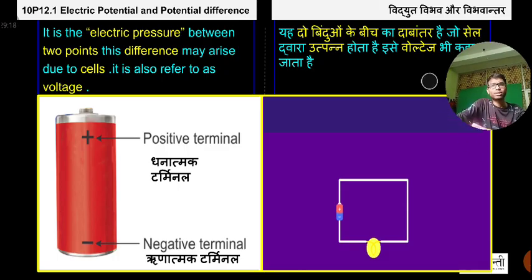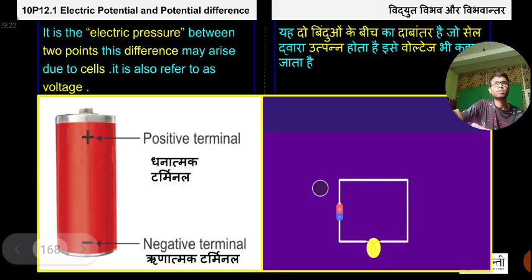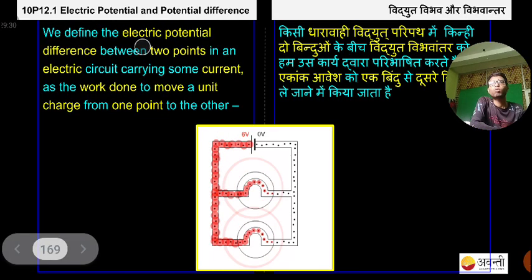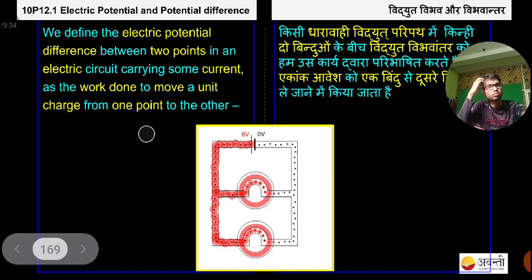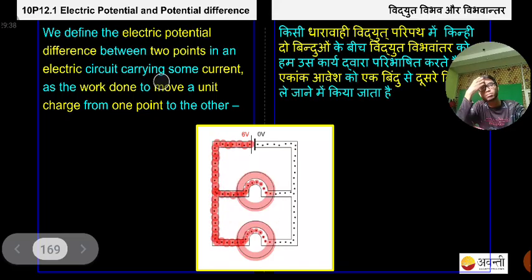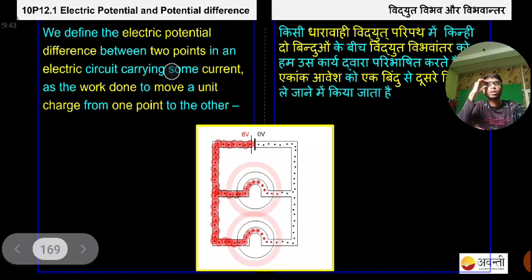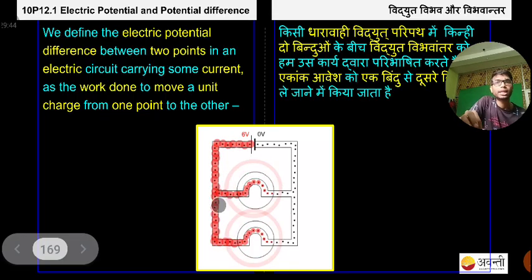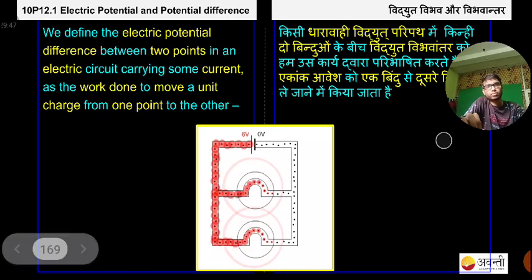Now, what are we understanding by this? Here we have this figure. This is a circuit. This is a bulb. We still didn't understand the potential difference.